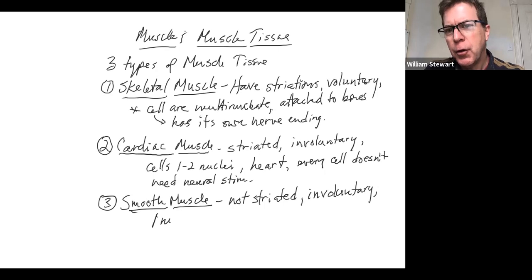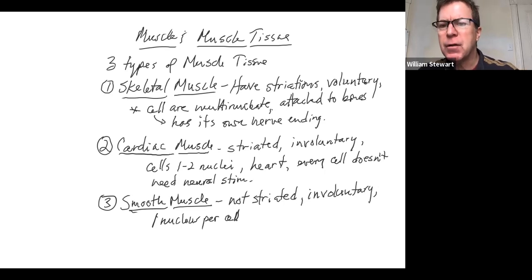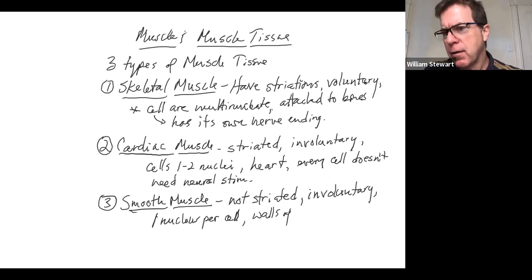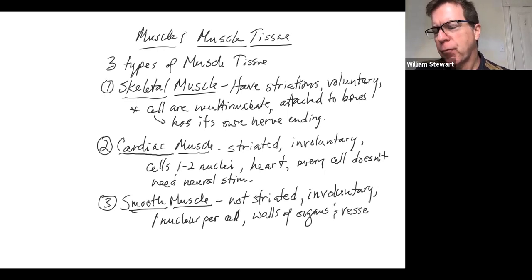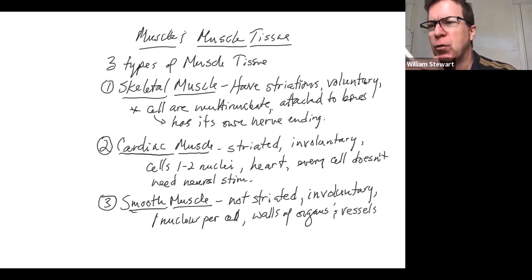One nucleus per cell. So it is not multinucleate ever. The locations that we find smooth muscle are in the walls of organs. Think the digestive system, the GI tract, and the respiratory system, in the walls of organs and vessels, in our blood vessel walls as well.